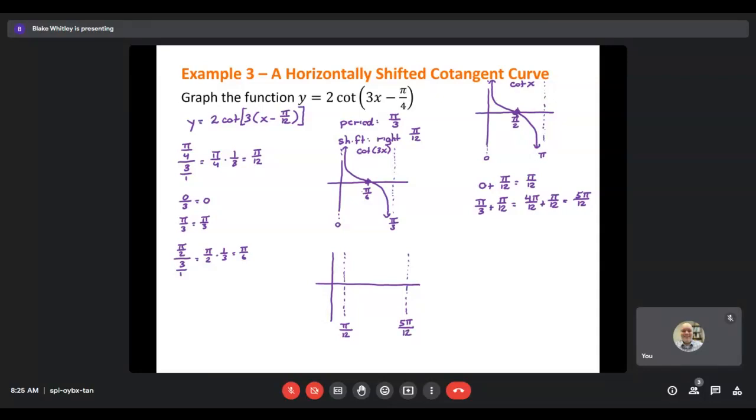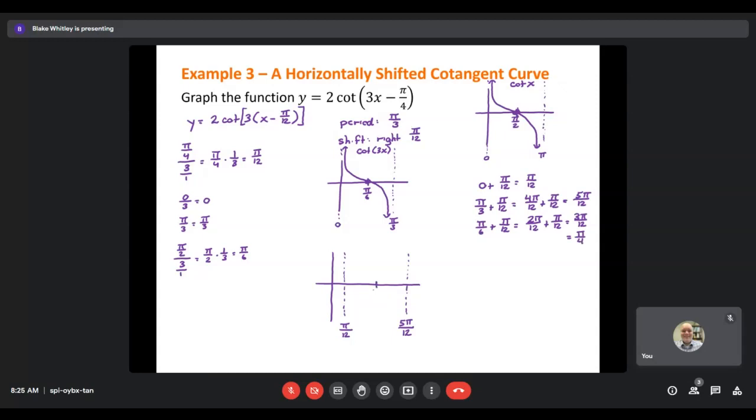And then finally, we need to move the x-intercept over. So I'm going to do pi over 6 plus pi over 12. Again, we need a common denominator. That's 2 pi over 12 plus pi over 12, which is 3 pi over 12. But 3 pi over 12 simplifies to pi over 4.